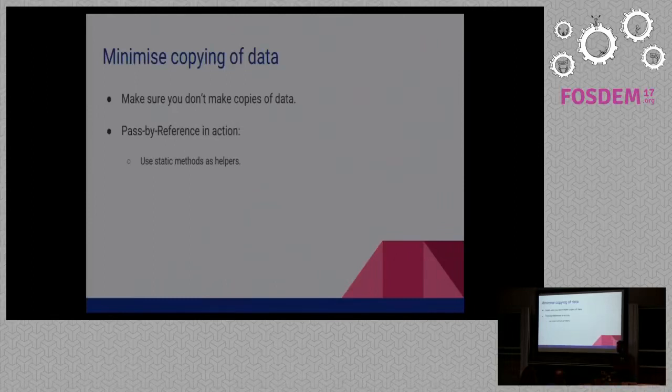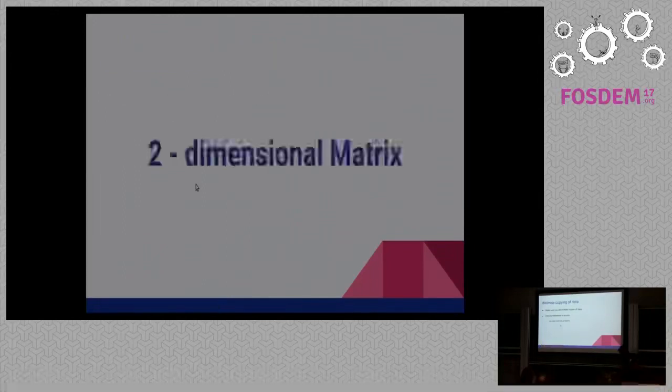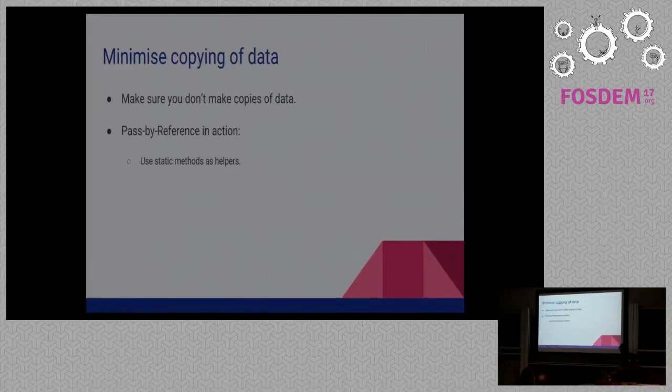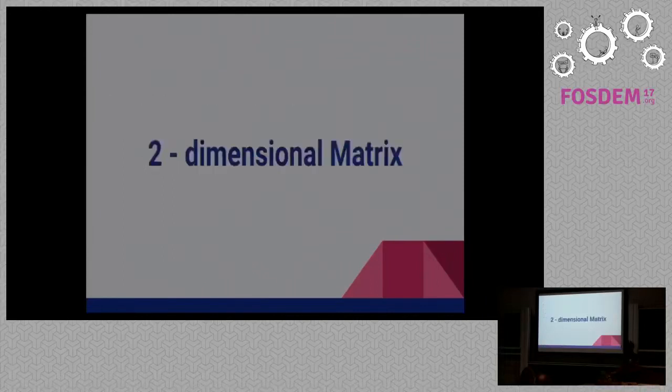For example, there was a computation where JRuby takes around 50 seconds, and when I was building NMatrix for JRuby, it took me around 1.5 hours. After I made sure that I'm not making copies of data, I brought this time down to 40 seconds, which was better than JRuby. So you just pass by reference, and you create static methods as helpers. We will see this example later.